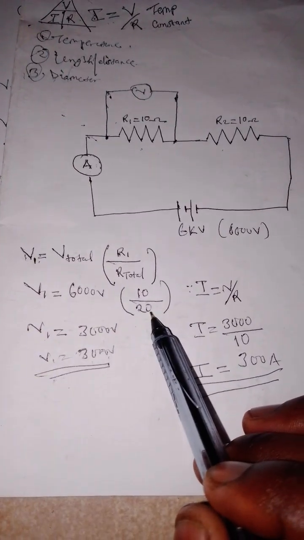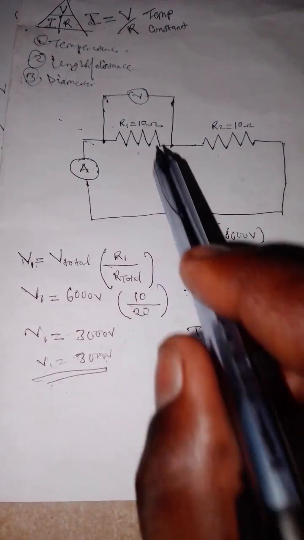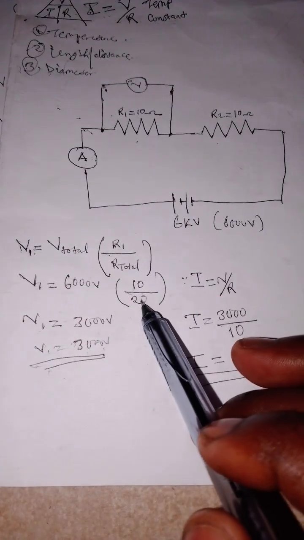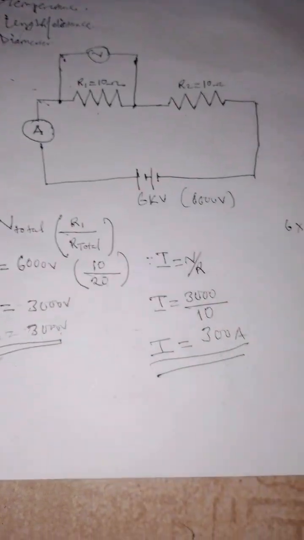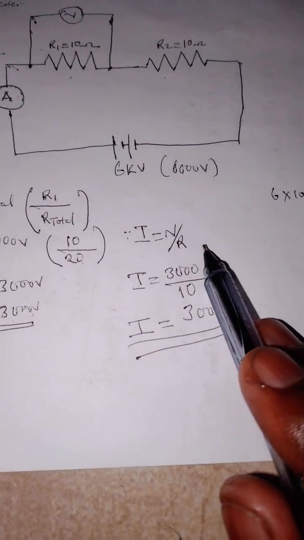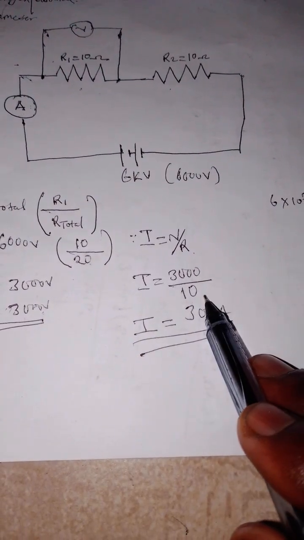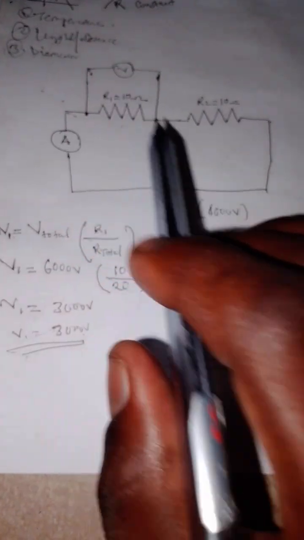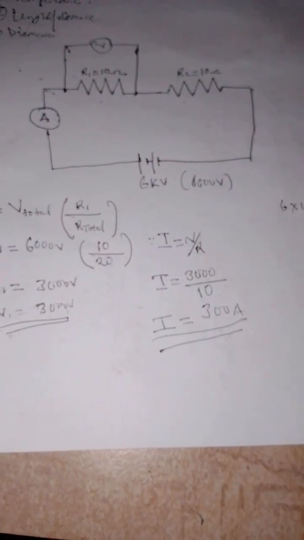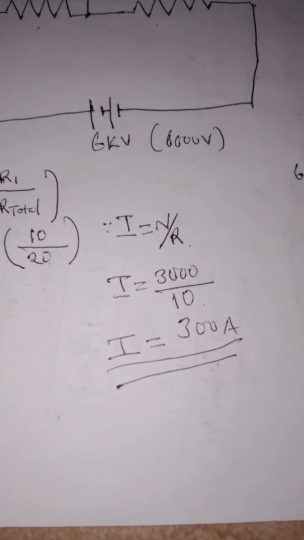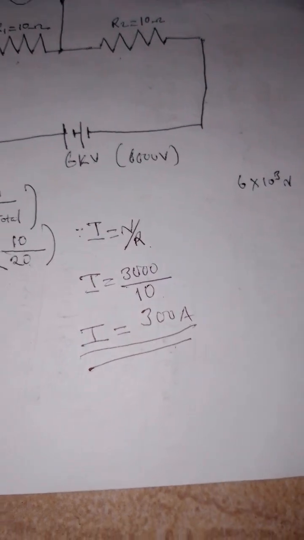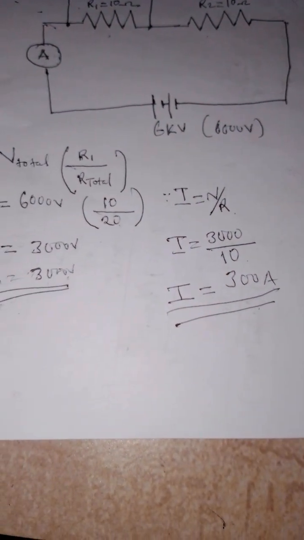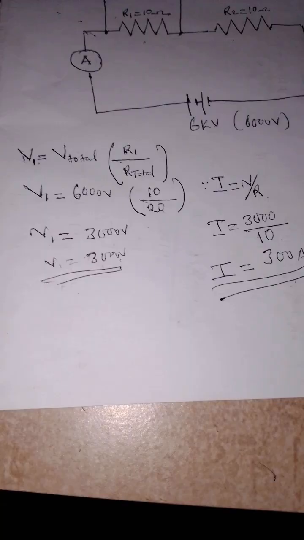This is 10, and that resistor 1 is just 10, and 10 plus 10 is 20. So that resistor there is 10, and then the current is what? 300 ampere. That's how we got this one.